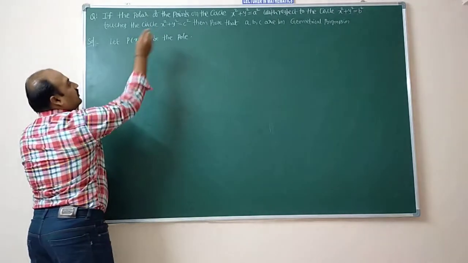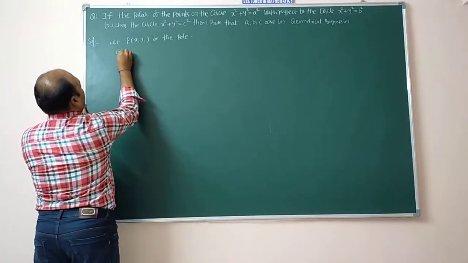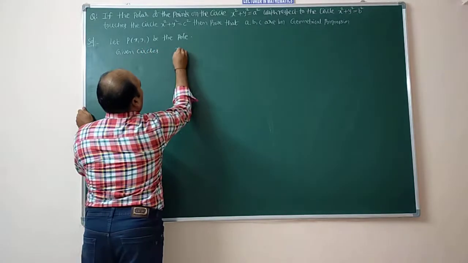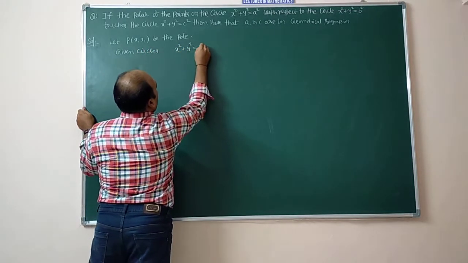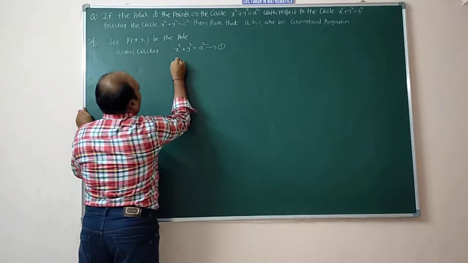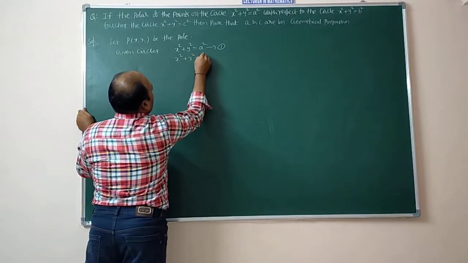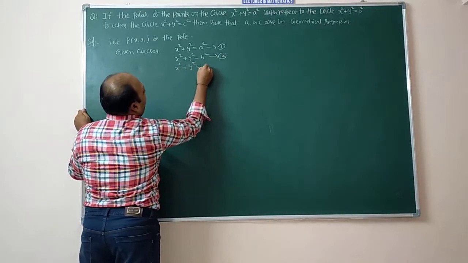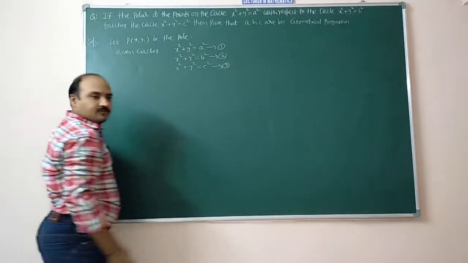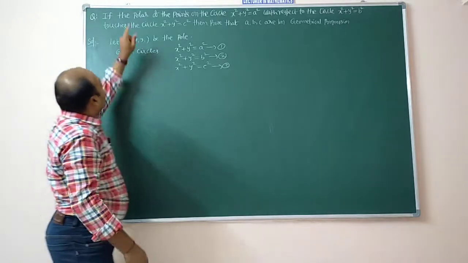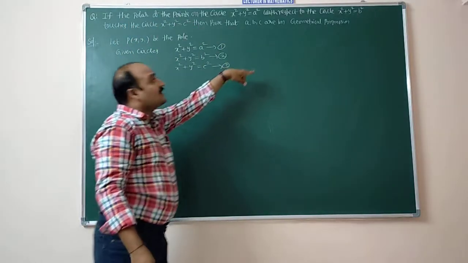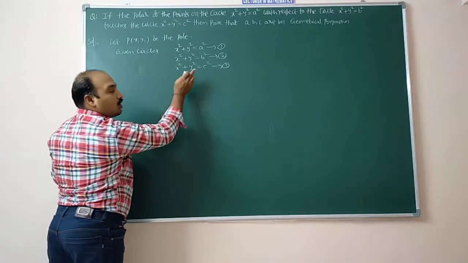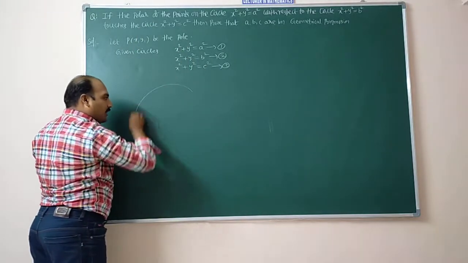Next, given circles, all you have to write x square plus y square equal to a square, x square plus y square equal to b square, x square plus y square equal to c square. All these three circles. The polar of the points lies on the circle. That means the first point lies on the circle. So according to the question, the diagram will become like this.